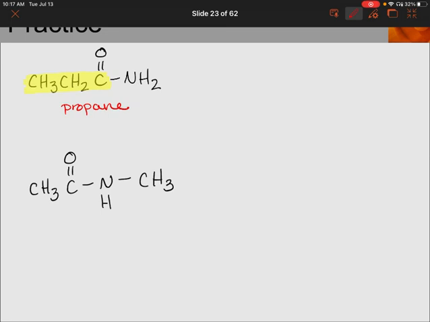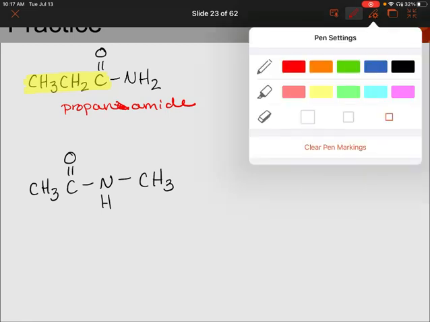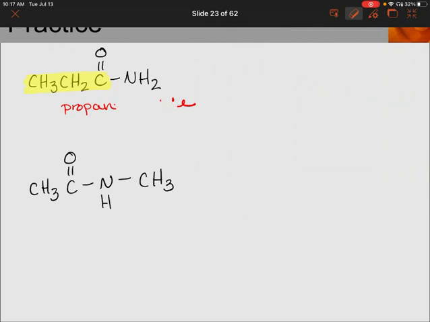And really all we're doing here is just dropping that E and adding amide. So it's propanamide. But you can also base it off of the carboxylic acid. If this were a carboxylic acid, the ending would be propanoic acid, and then we'd just replace the oic acid with amide. So either way kind of works.